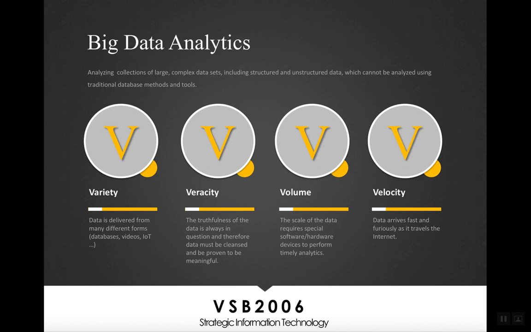The veracity of the data, which is the truthfulness of the data: how accurate is it, is it high quality? The volume of the data, the pure volume. Moving from millions to billions is what that's all about, so now we're dealing with a much larger scale. And then the velocity of data.